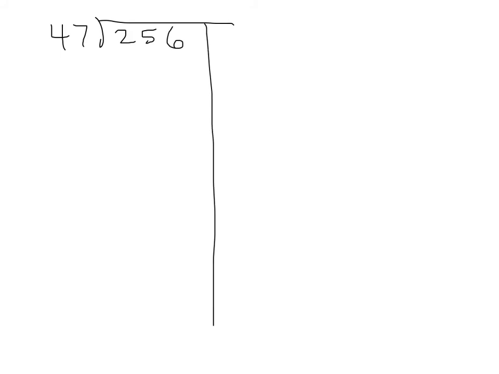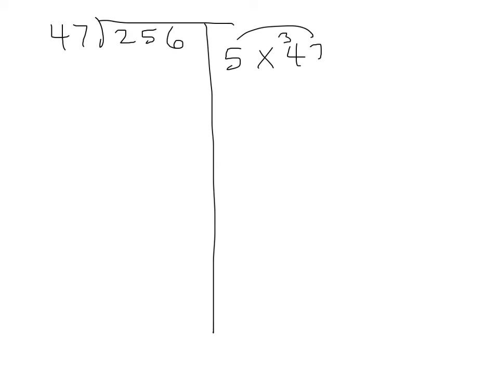Let's do something like 47 goes into 256. Draw my line down. Let's see, if I did times 10, that would be too much. So let's try 5 times 47.